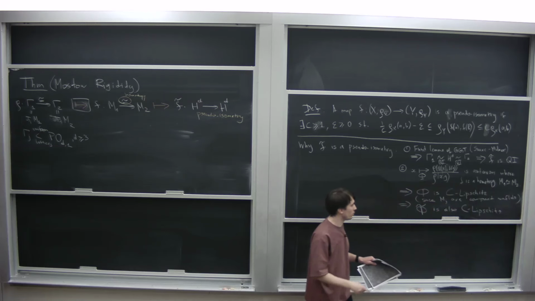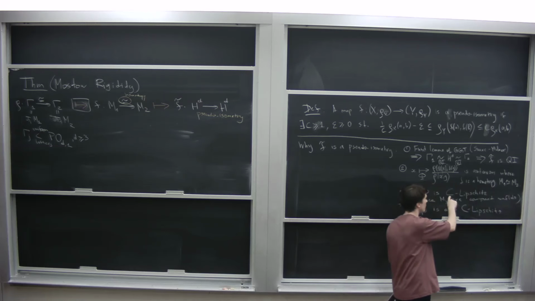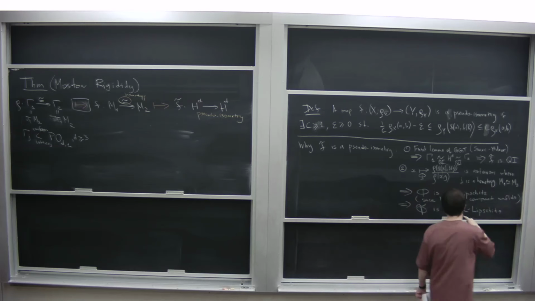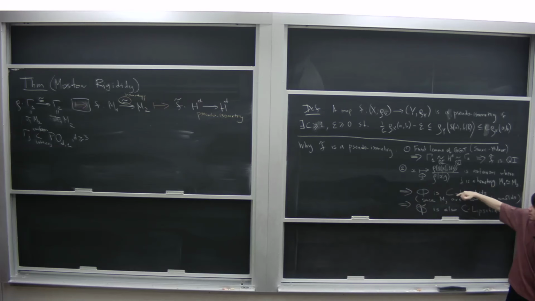Okay, to be more precise, I think that here the constants are not necessarily the same, right? But eventually we will need this constant C, which we will use for the pseudo-isometry definition.